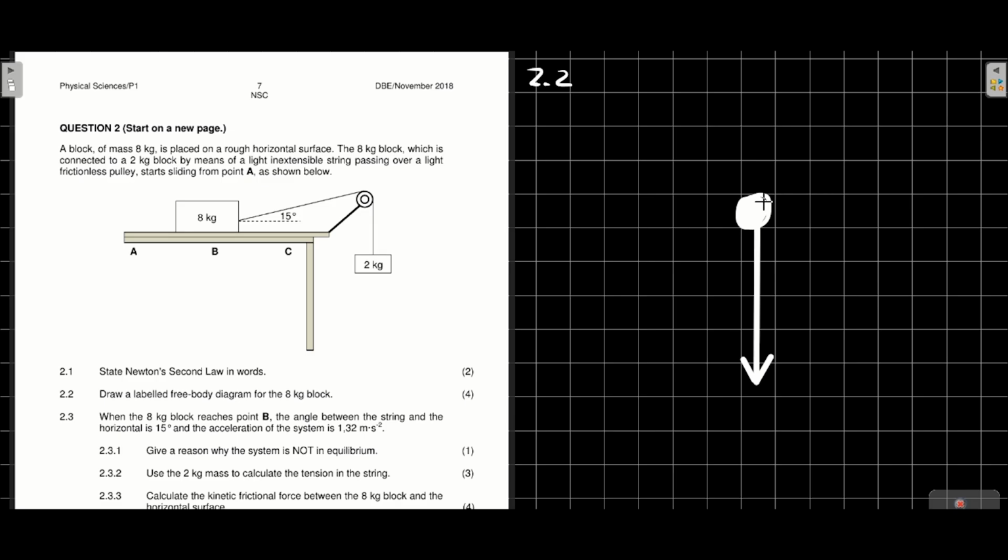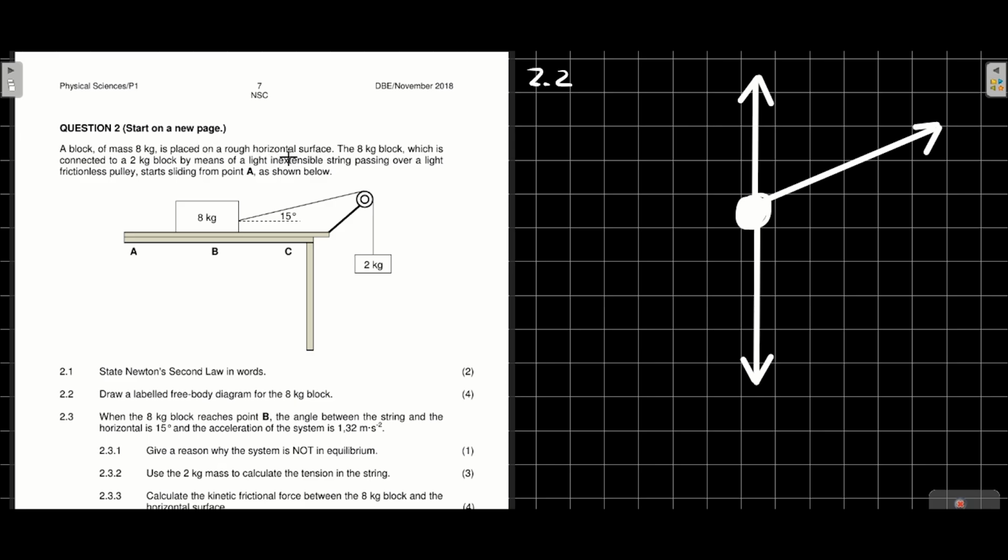And then we have the tension, at 15 degrees, connected to the rope. And there's always a normal force acting from the surface that's perpendicular to the surface. And they did mention that there is friction.